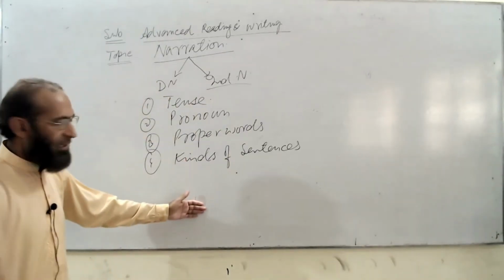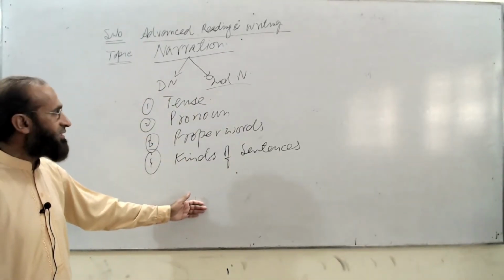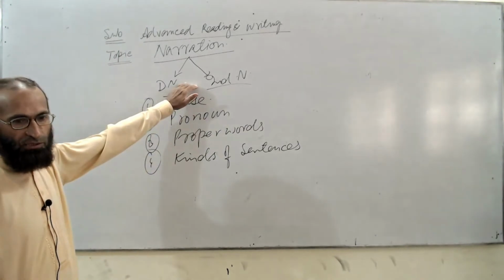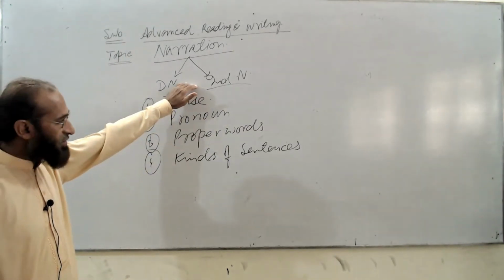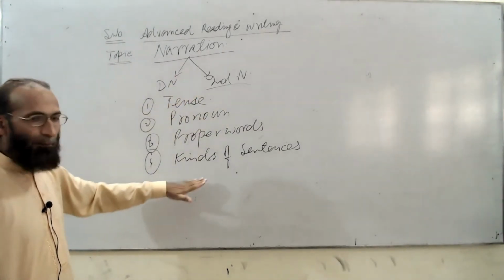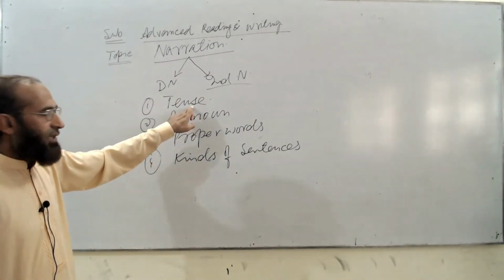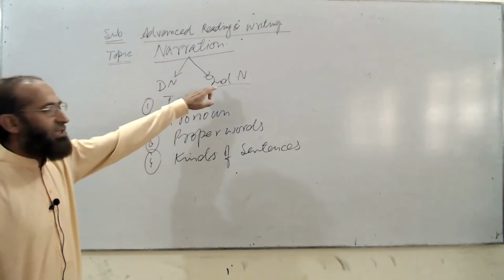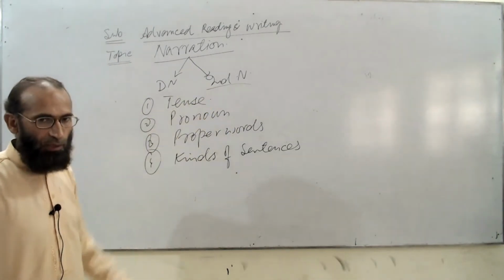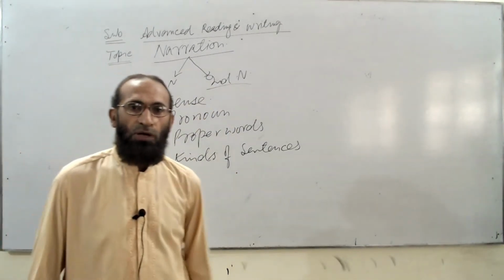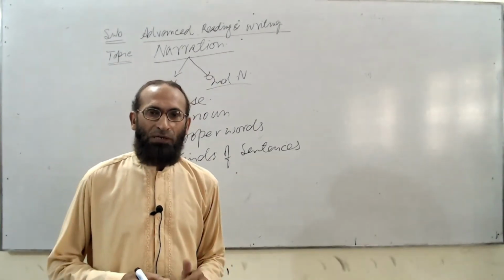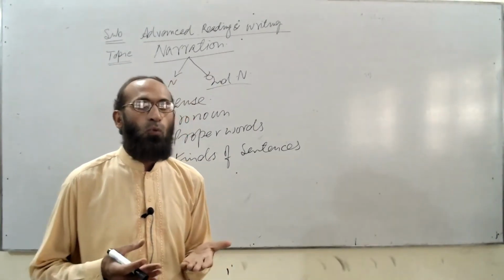The same is the case with other sentences, and therefore you will first of all learn the basic things, because without learning tenses you will be unable to use indirect narration, since you will not know what tense is changed into what.